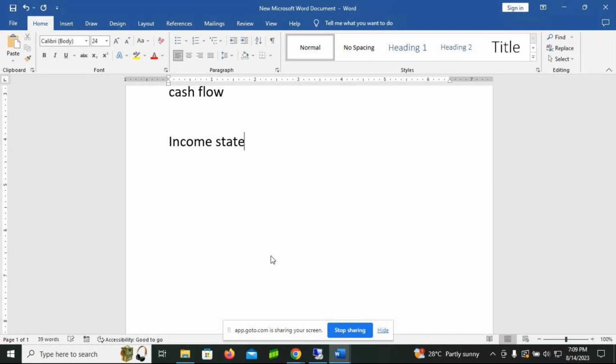Income statement. So what is this income statement?